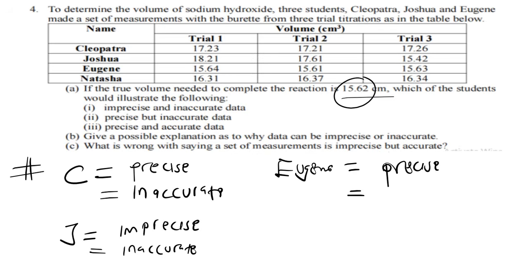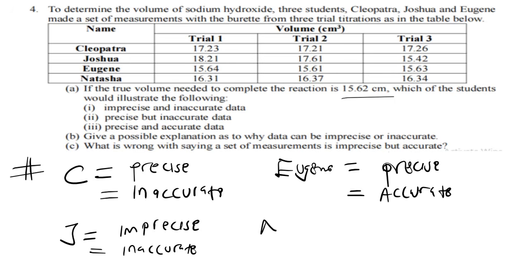It's about 15.62. Although there is no exact value there, they are very close to 62. This one is 64, this one is 61, this one is 63. Very, very close. If we're going to find the average, it's going to be around the same true value. So Eugene was accurate. Not only was he precise, he was also accurate.